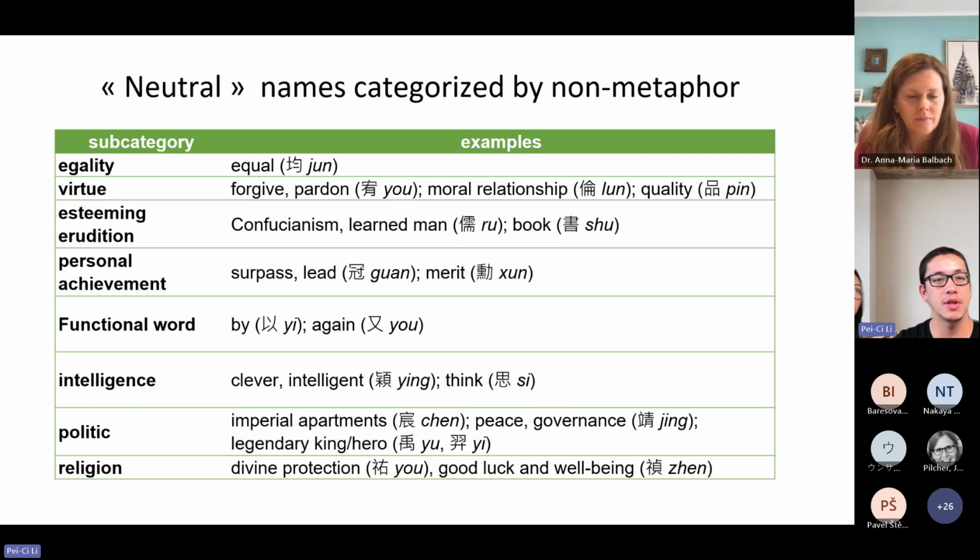The first one is equality. We have, for example, a character that actually means equality that is more found in neutral names, but not found that much in female or male names. We also have many more function words that are found in neutral names because, in our interpretation, function words don't have a direct male or female connotation. They are more neutral in this sense.